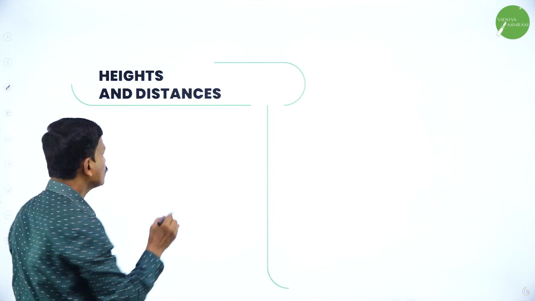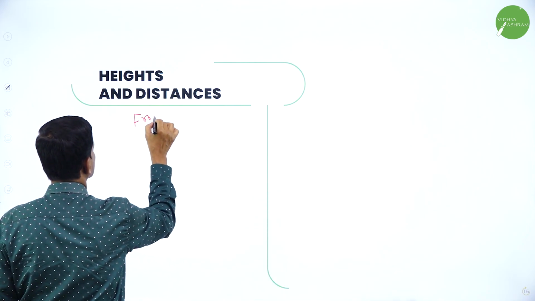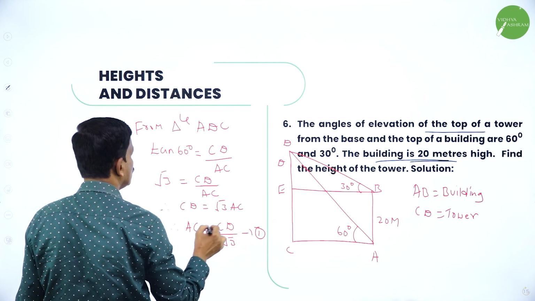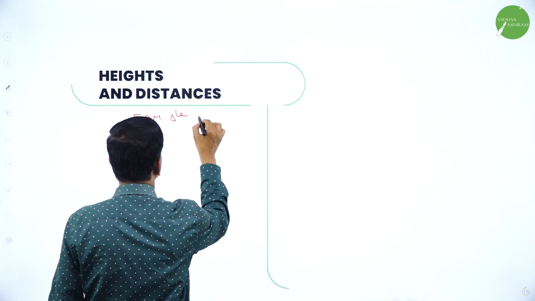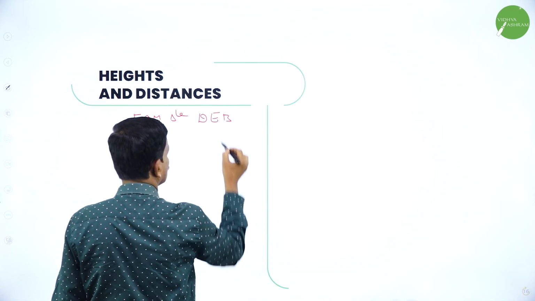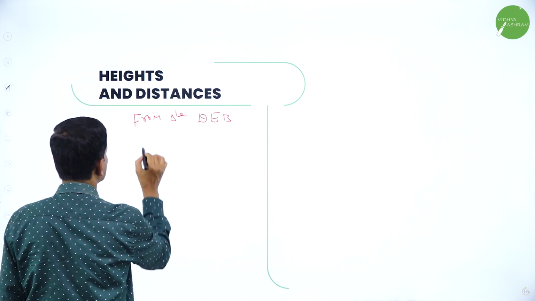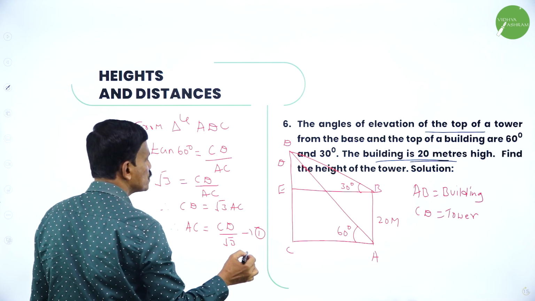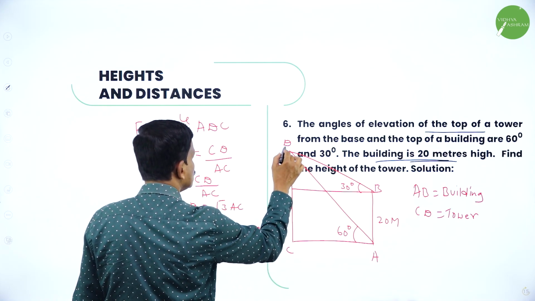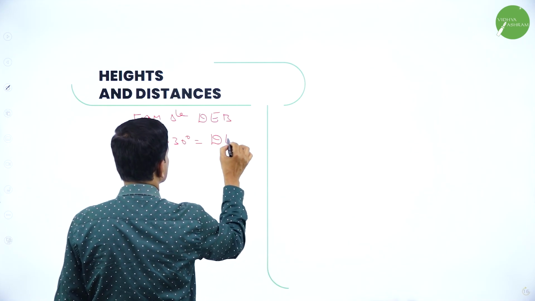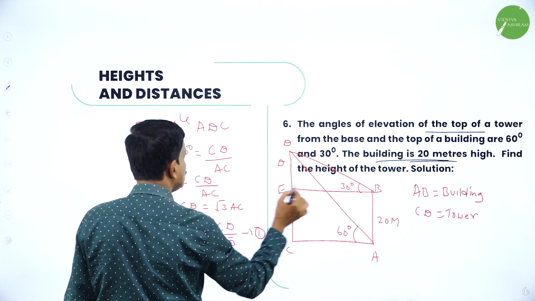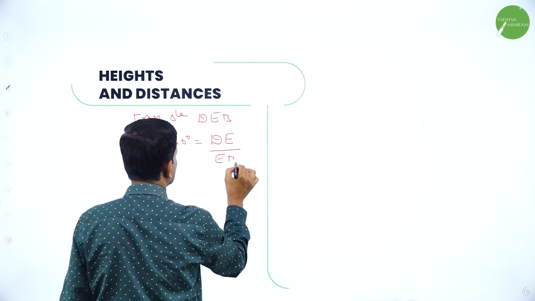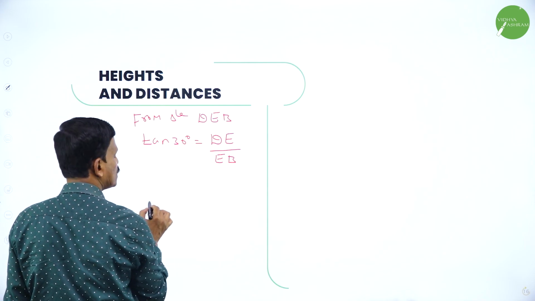Now, from triangle DEB, get the value of tan 30. Tan 30 is equal to opposite by adjacent, that is DE divided by EB.